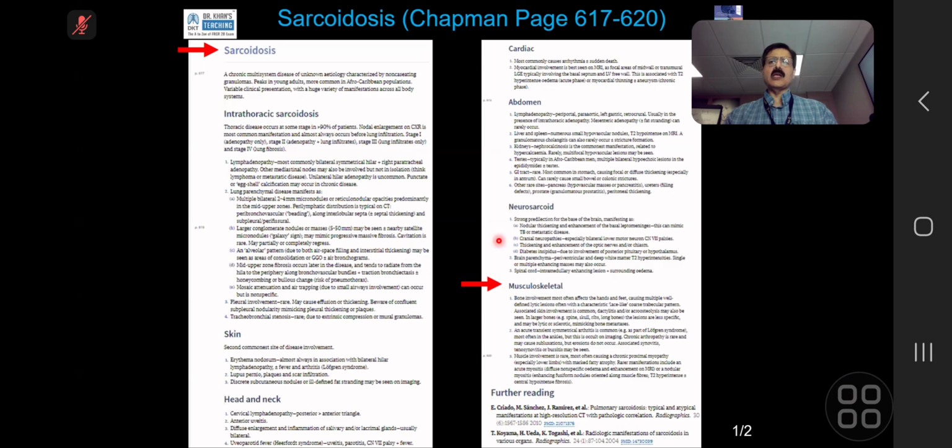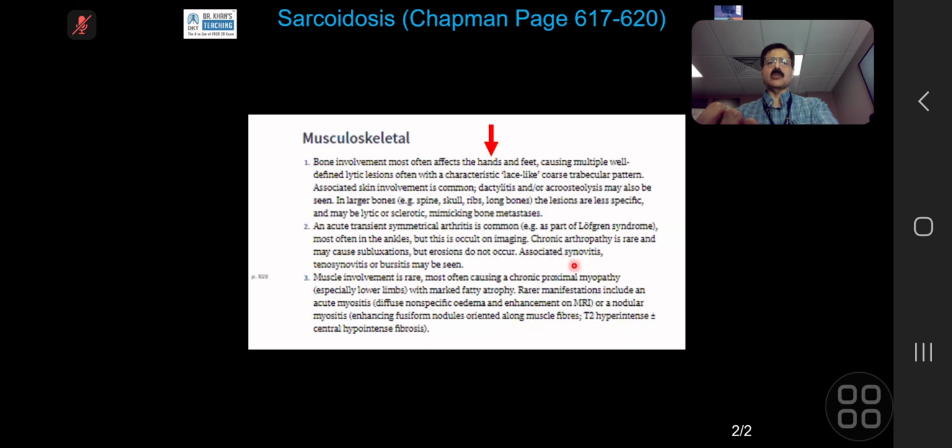One line in this list will simply save the day for you in your exam. So always revise it from there. It's very consolidated. Everything required for the exam is given there. Sarcoidosis, TB, you name it, everything is there.